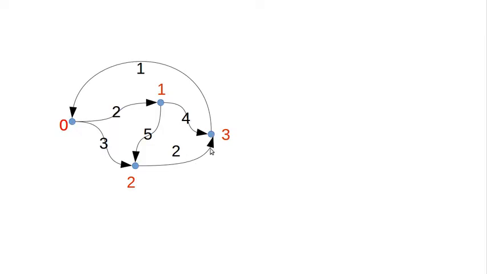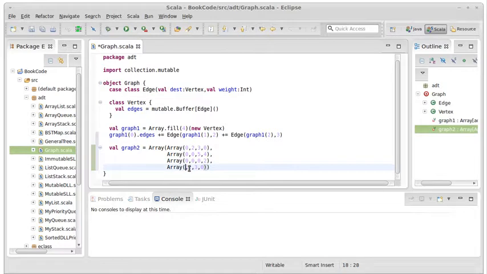And then our last row across here, vertex 3 only connects back to 0 with a weight of 1. So that's a 1, that's a 0, that's a 0. So the entire information for that graph is contained in this one little matrix.